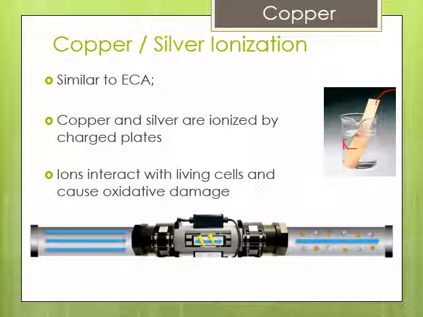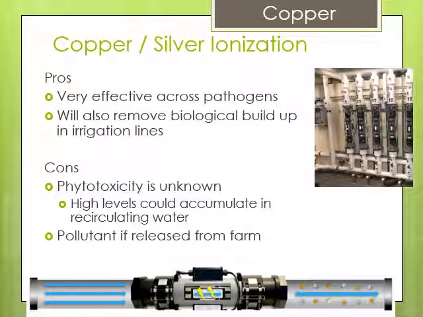And of course, as you use the cloth, the silver comes out into solution, and the silver is bactericidal. So that's how they help stay clean. But yeah, copper and silver are bactericidal. Very effective at killing pathogens, and they do also clean up irrigation lines. This is a commercial greenhouse showing here, you got 1, 2, 3, 4, 5, maybe more of these cells producing copper ions into the water.